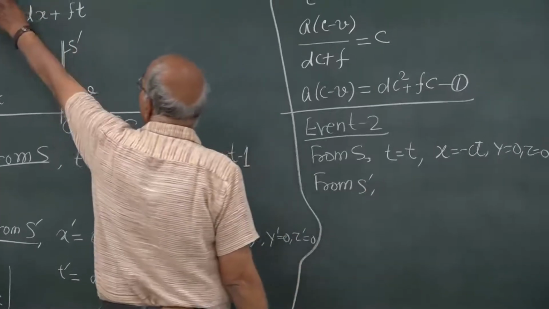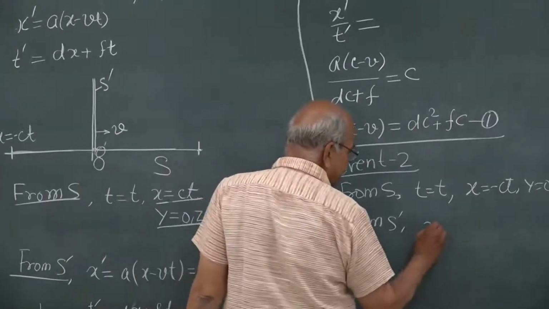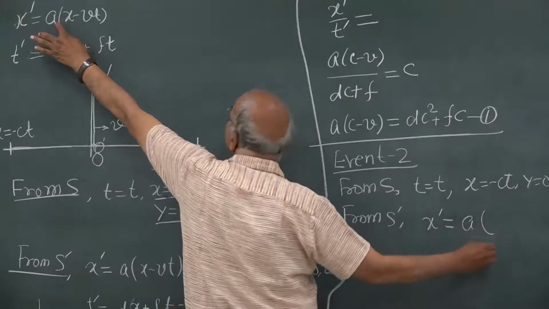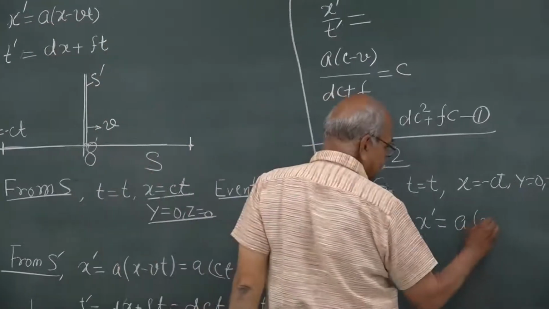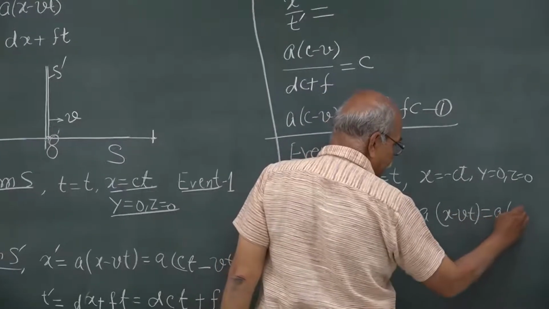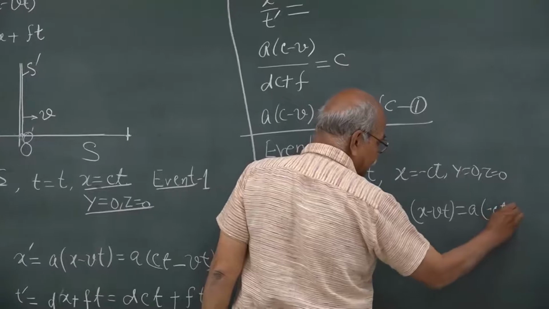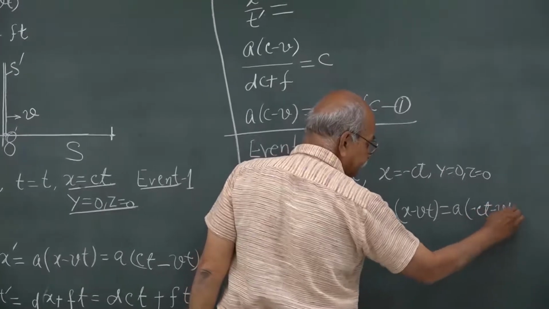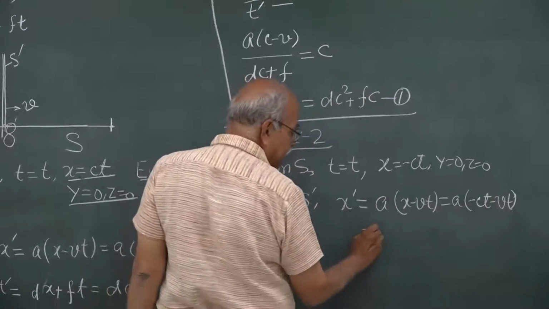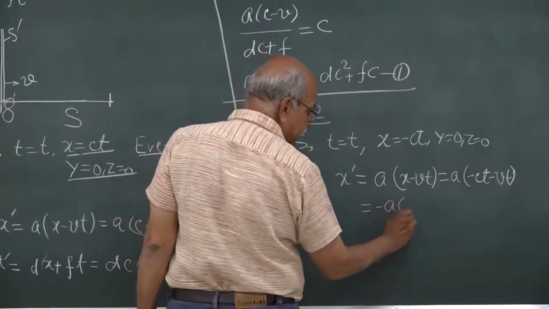From S prime, let us write this x. So, x prime is equal to A into x minus Vt, and what is x? X is minus Ct minus Vt, that is x prime is minus A into C plus V, times t.